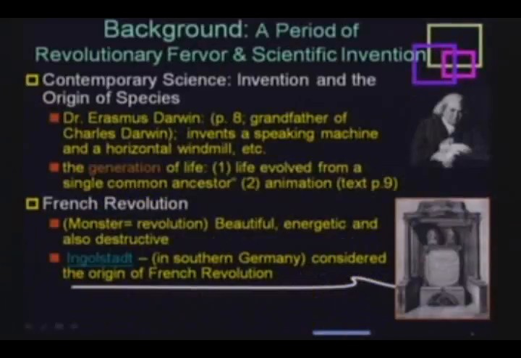Then about the background of the scientific invention. Mary Shelley mentioned Erasmus Darwin, who is the grandfather of Charles Darwin, and also a very important scientist who invented a speaking machine. Okay, 就这个 machine 自己你可以按键，然后它会讲话。Okay, or a horizontal windmill.